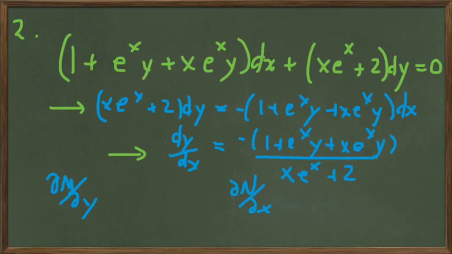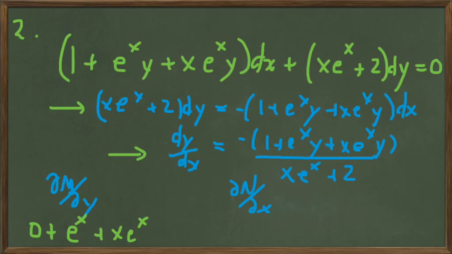So partial M partial y is what? The derivative of the 1 is 0, the derivative of the next term, the e to the x, is like a constant, and the partial of y is just 1. And then on the last term, the x e to the x is like a constant, and the partial of the y is just 1.